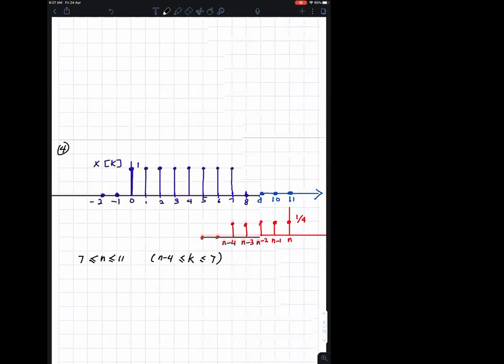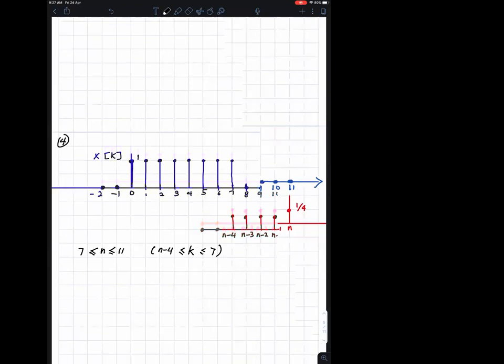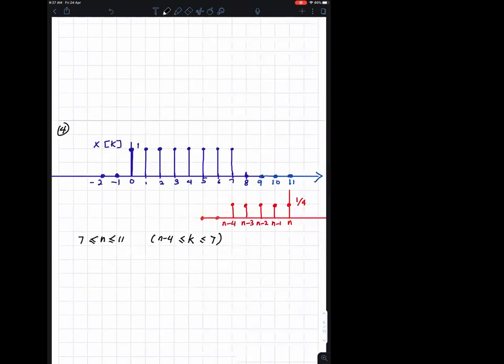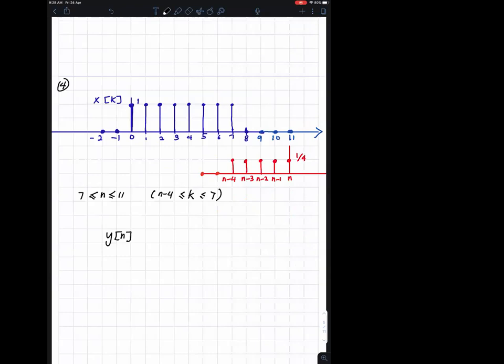Okay, this is just for understanding. What is most important is you have to be able to put the limit here when you evaluate it. This is the most important limit that you need to know. The lower limit is determined by n minus 4. If n minus 4 is greater than 7, then it's going to be 0 output.